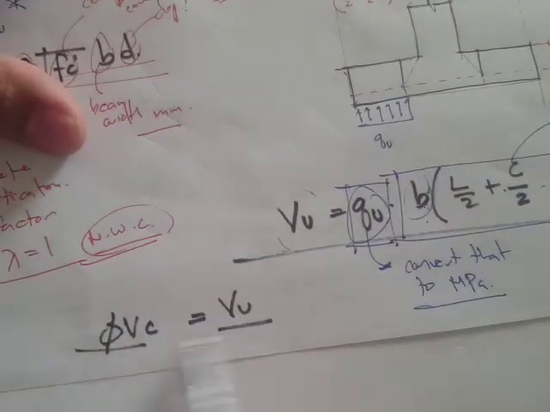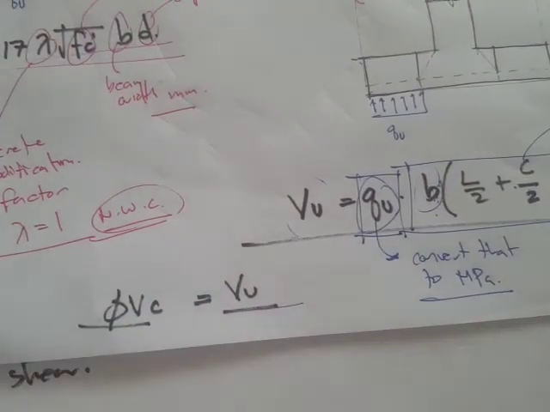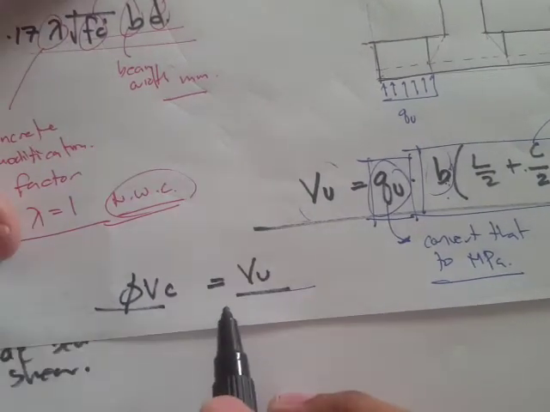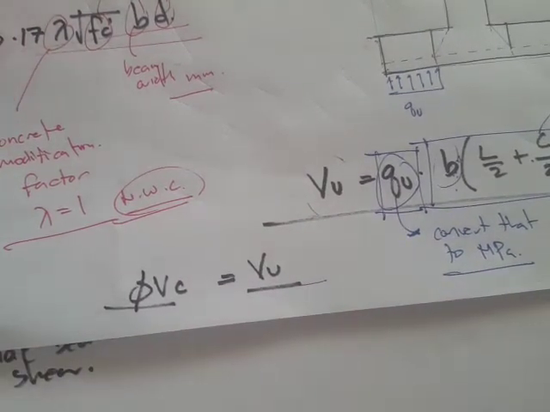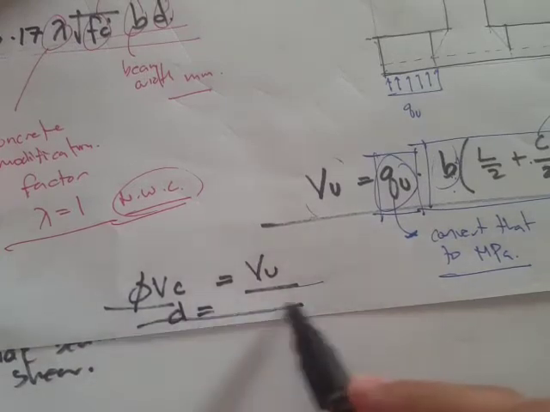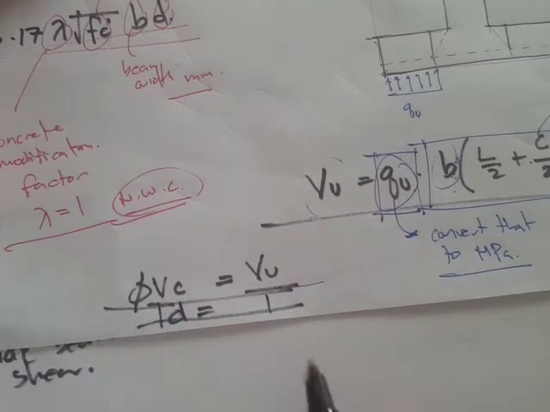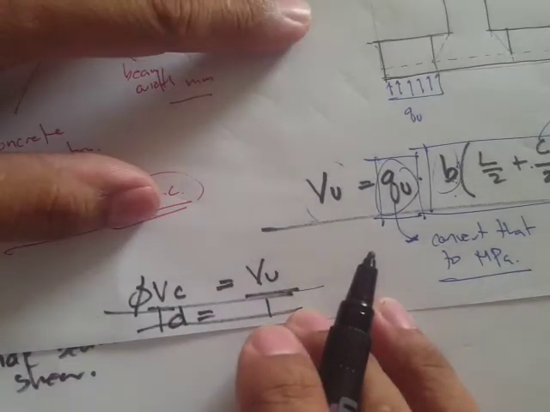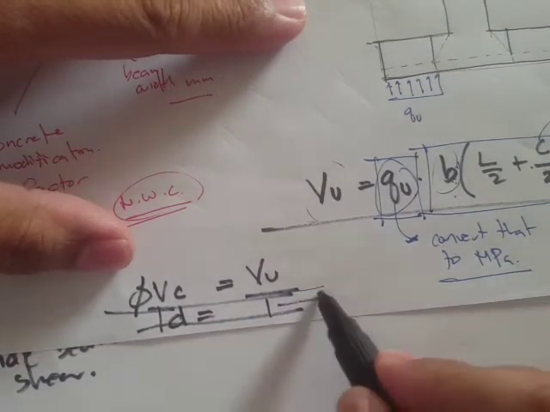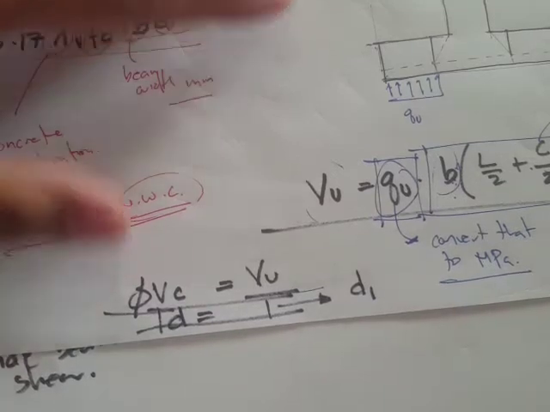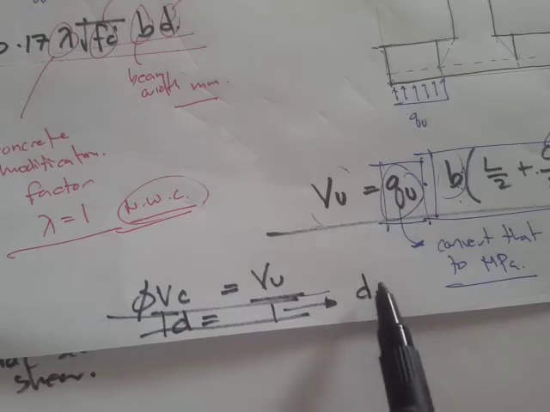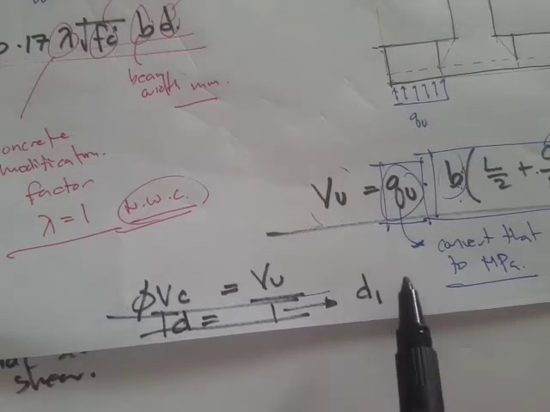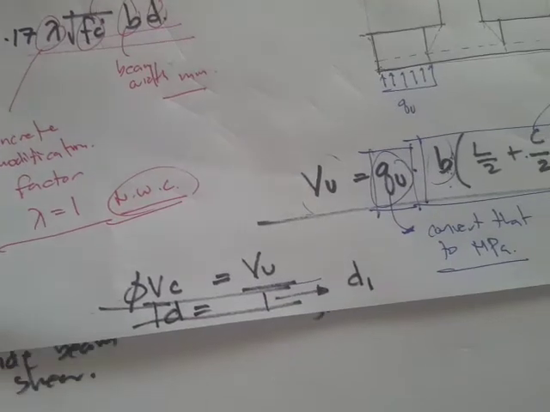Once you equate that and solve in the calculator, my advice is to use the shift solve function, and it can save you a lot of time, and it will give you a value of D. For now, since there's one value of D for a one-way shear, we'll label that as D sub 1. There's another value that we will obtain when we're dealing with a two-way shear.